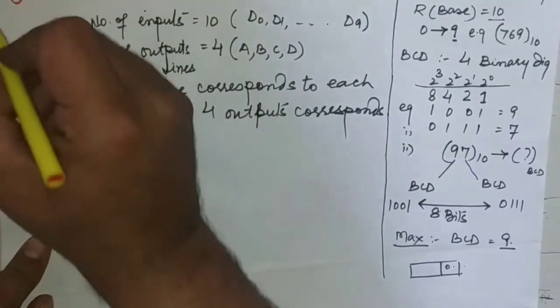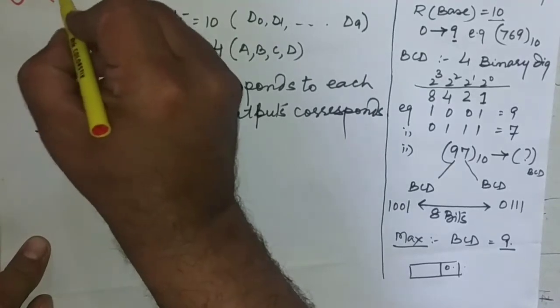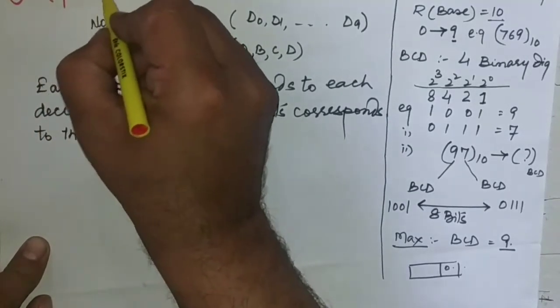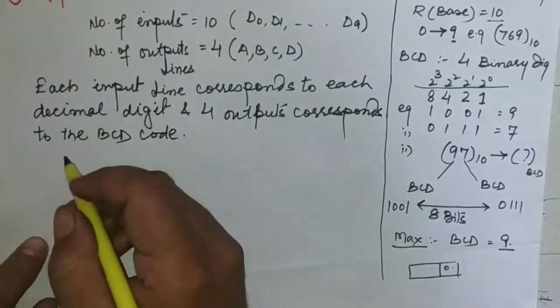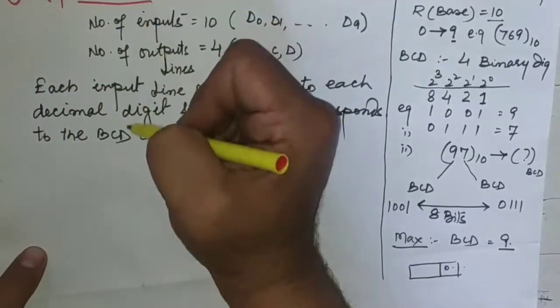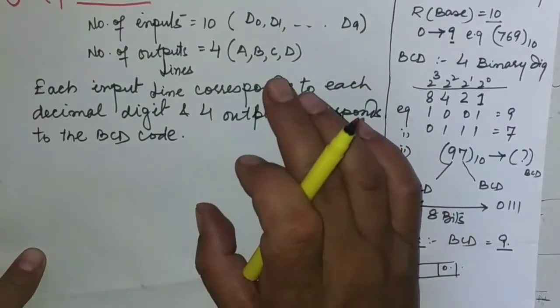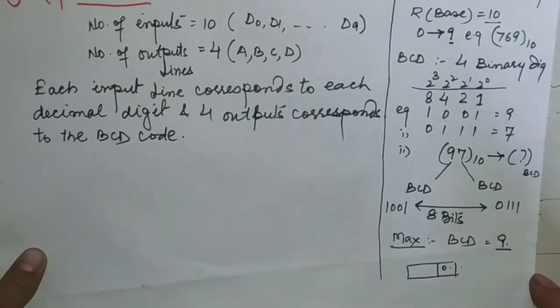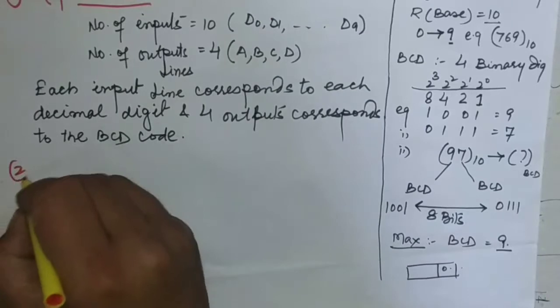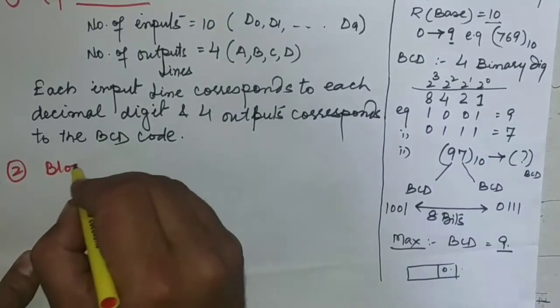So this is the first point, in the requirement section. These are the basic requirements that we need to have. And about the definition part, you can go through the previous lectures about the introductory part of the encoders. The second point is the block diagram.